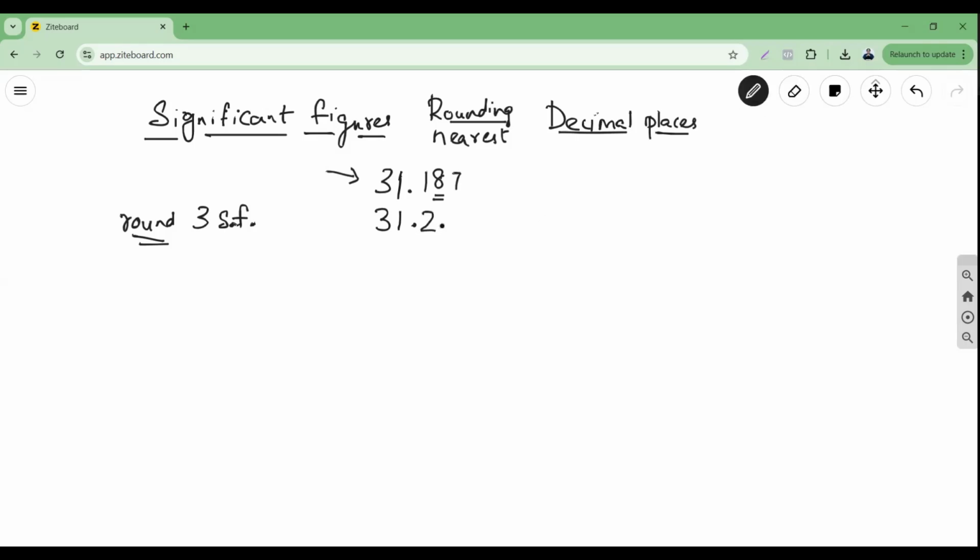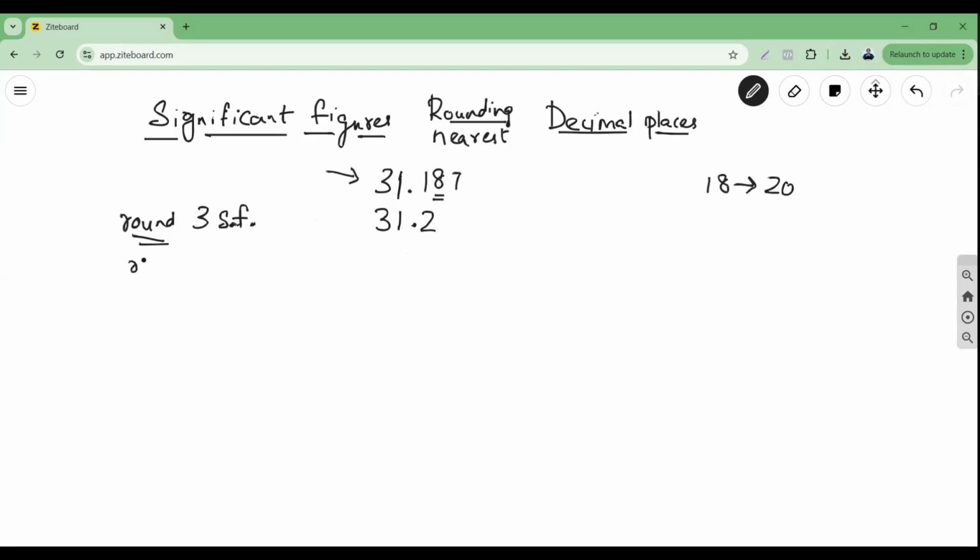If you have to round off 18, it will become 20, isn't it? So instead of 1, 8, it's 2, 0. Now the 0 is not a significant digit, even if you don't write it, it's okay. So this is called rounding off this decimal number to 3 significant digits.